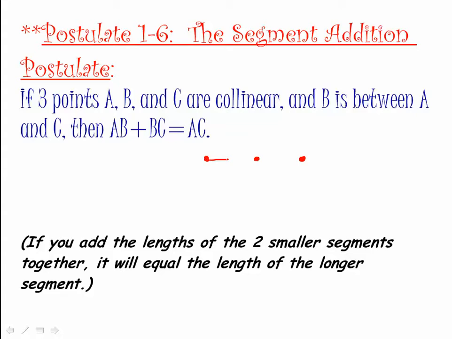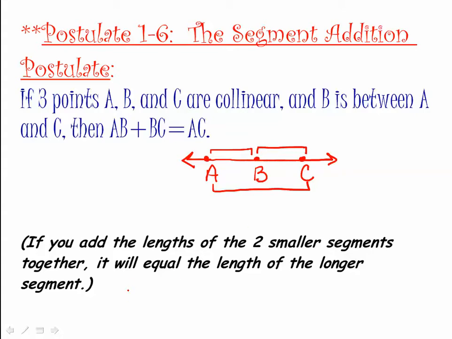That's what collinear means. And it says B is between A and C, so we're going to put B in the middle. The distance from A to B added with the distance from B to C would equal the total distance from A to C.